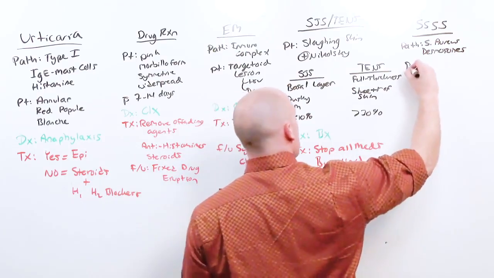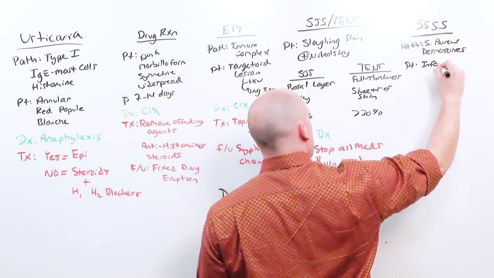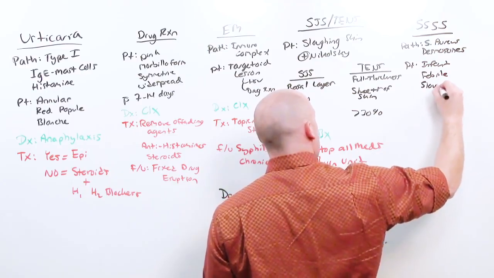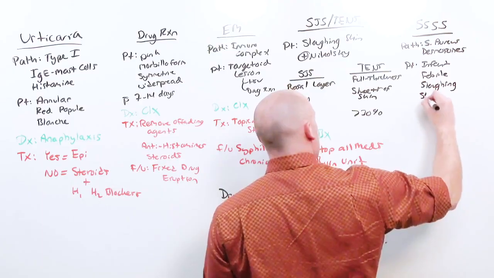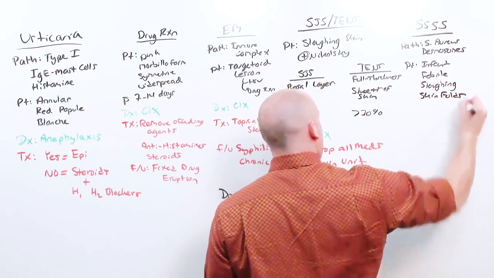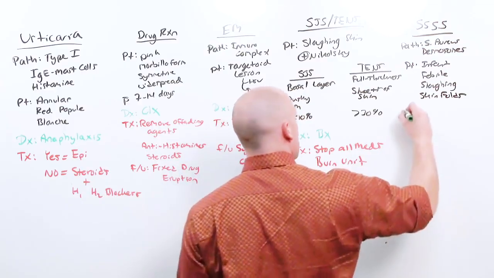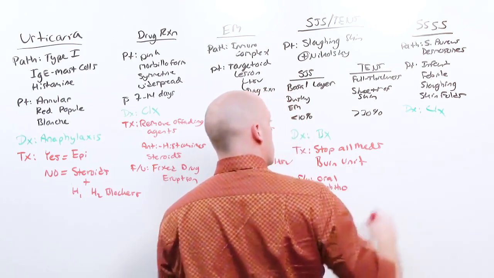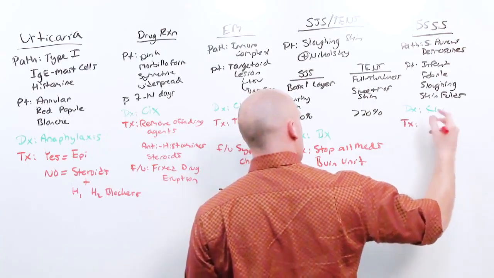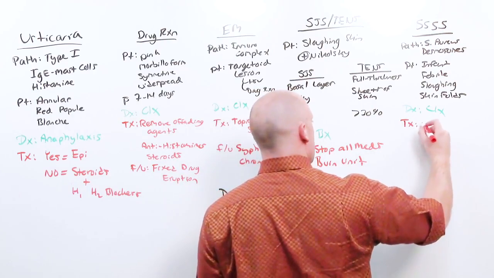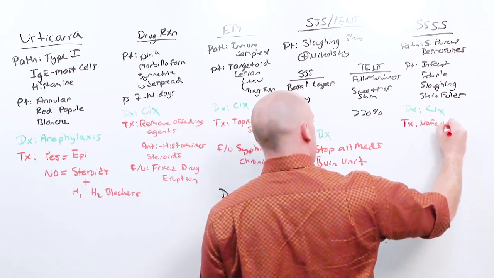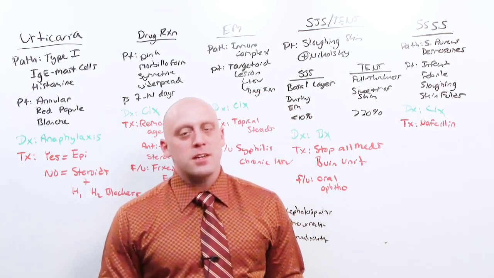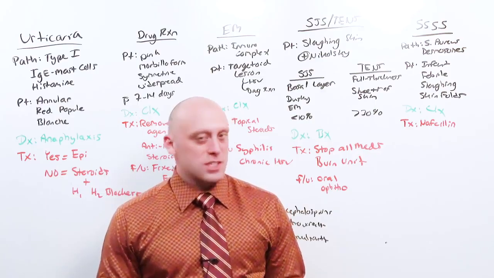The patient is generally going to be an infant with a febrile illness who then has sloughing of skin that starts in skin folds. That patient has a clinical diagnosis of Staphylococcal scalded skin syndrome and penicillinase-resistant penicillins like nafcillin should be started immediately.